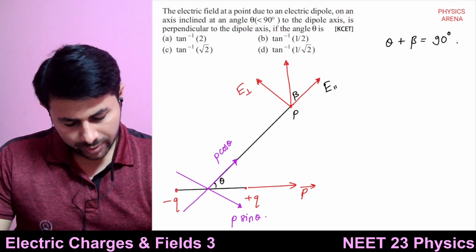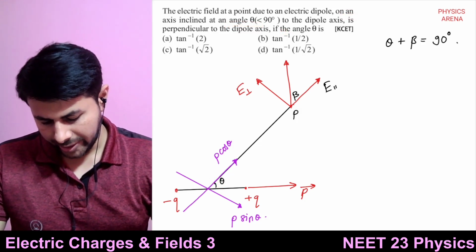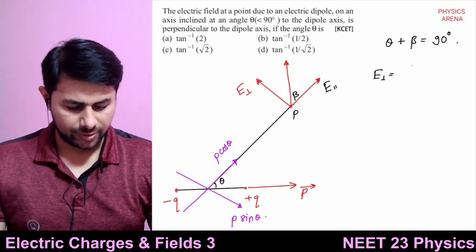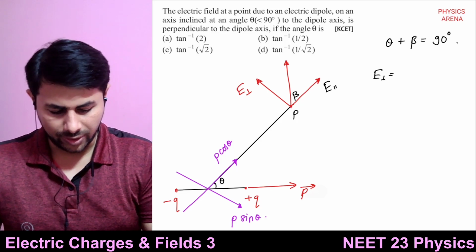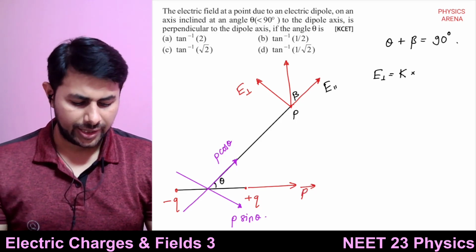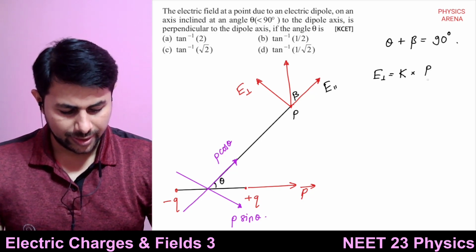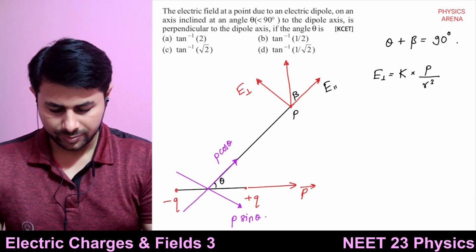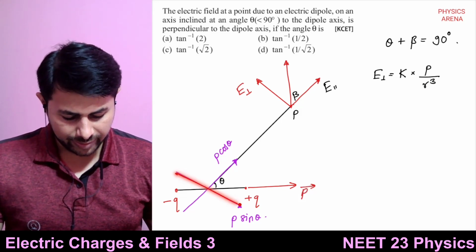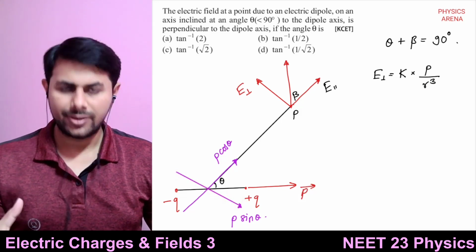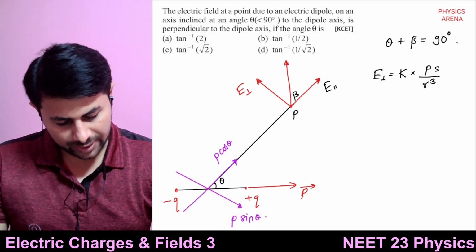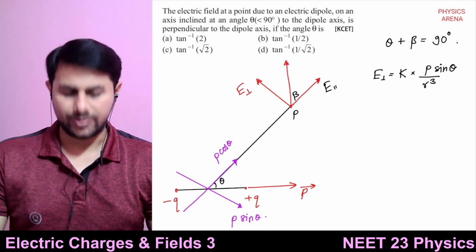So what would be E perpendicular? What is the formula of E perpendicular? It is 1 upon 4 pi epsilon naught, let's call it K only, multiplied by P upon R cube. But it is caused by this component. It is not P, this dipole moment is P sine theta. So it's K P sine theta divided by R cube.